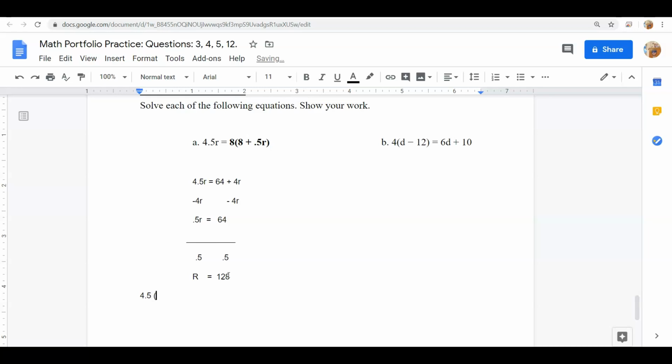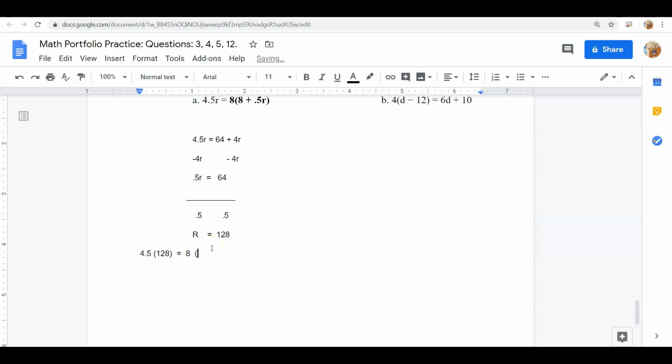So we do 4.5 times 128, because remember, I could substitute that number in for r now, is equal to, and then open parentheses, just like up here, 8, same number, plus, and then 0.5, and again, times 128.